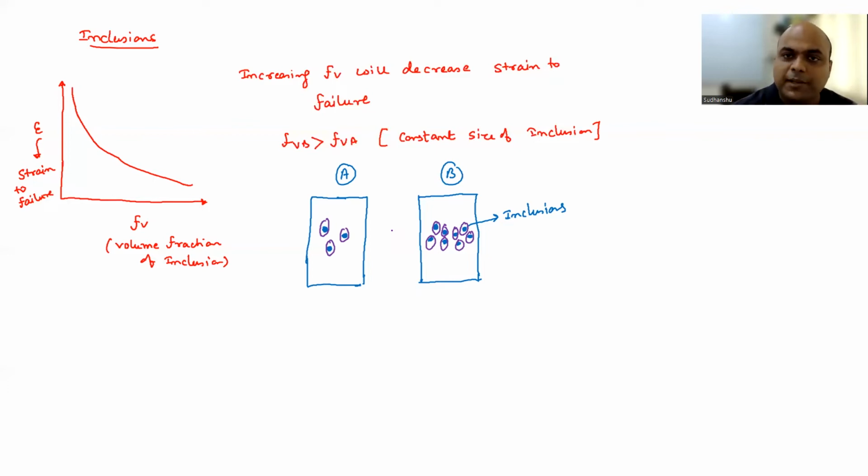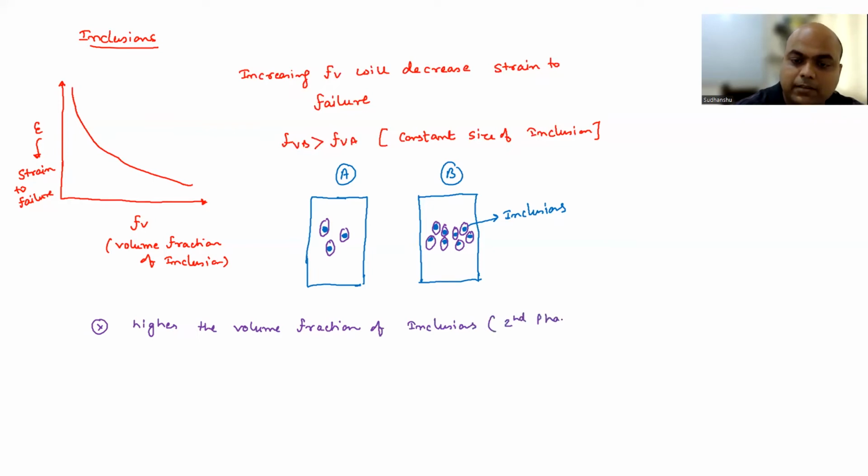So this is the overall concept of how you can correlate the volume fraction of inclusions with the strain to failure. So the higher the volume fraction of inclusions, and remember, we have also discussed second phase particles, right? I'm interchanging the term.